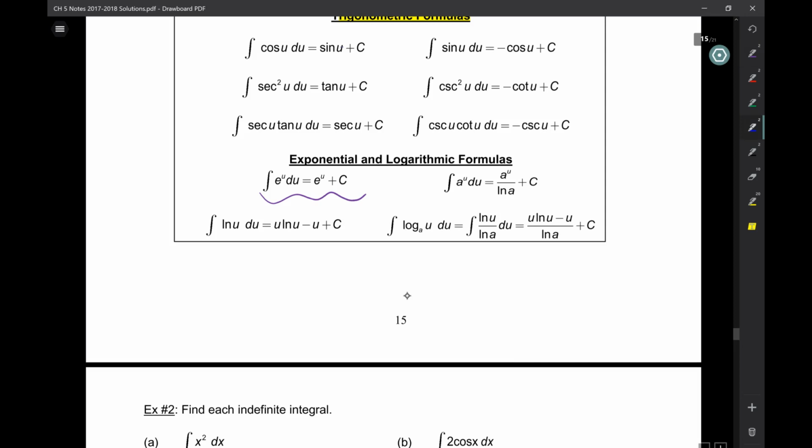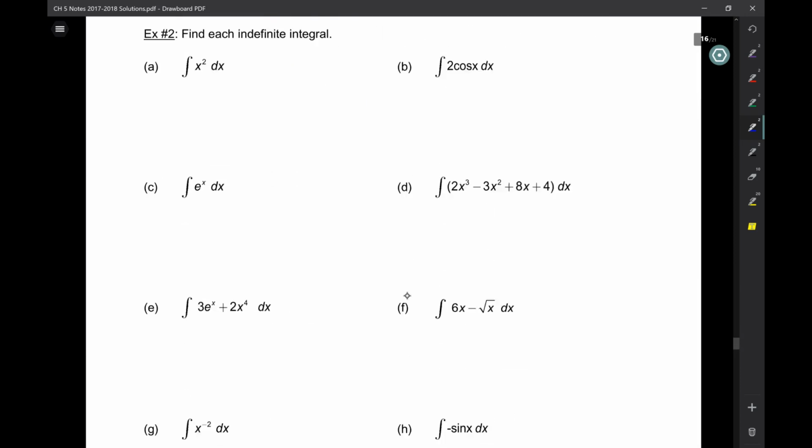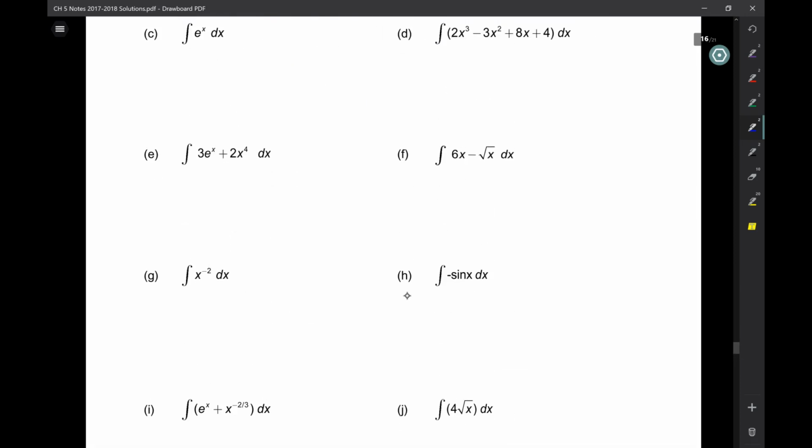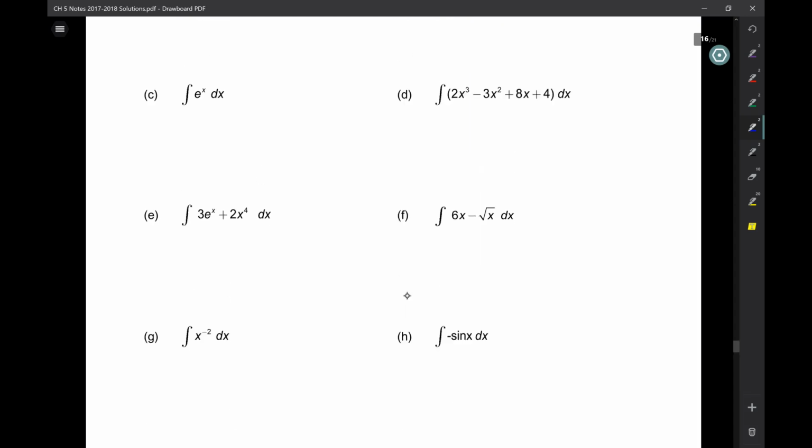The integral of ln of u is a new one that you have to refer to. Yes, I give you that. Let's do a couple and see how much of it we can break down. Do we have to memorize all of this? Most of them.